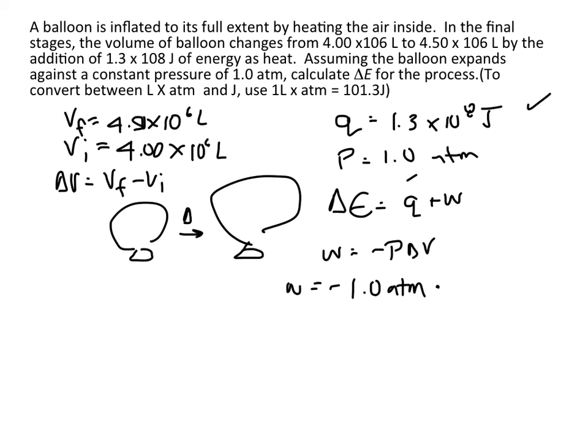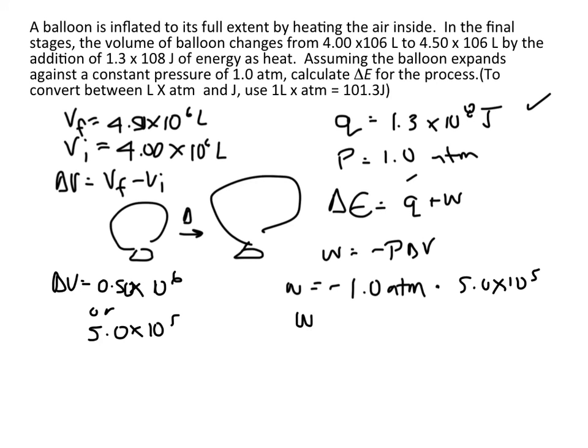That is going to give us a value of 0.5 times 10 to the 6th, or 5.0 times 10 to the 5th for our delta V value. And we're going to plug this in here.